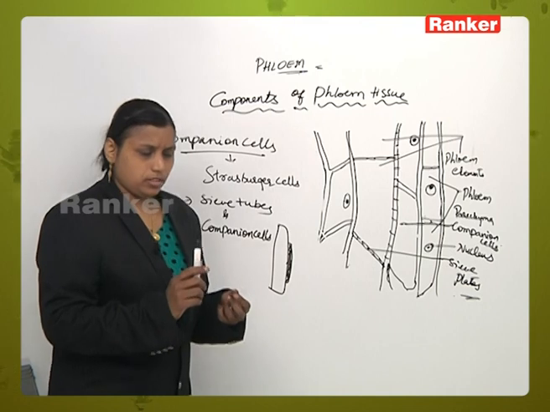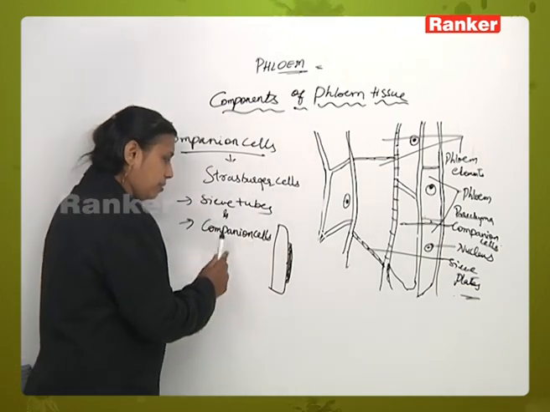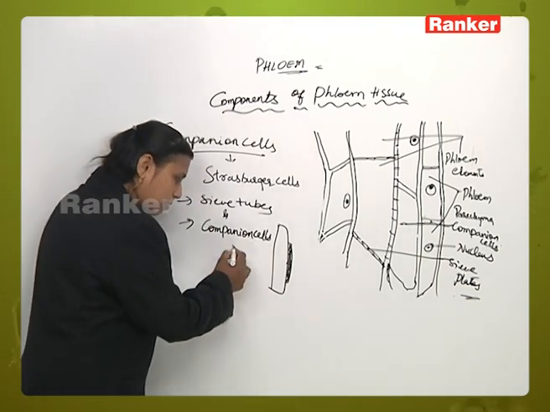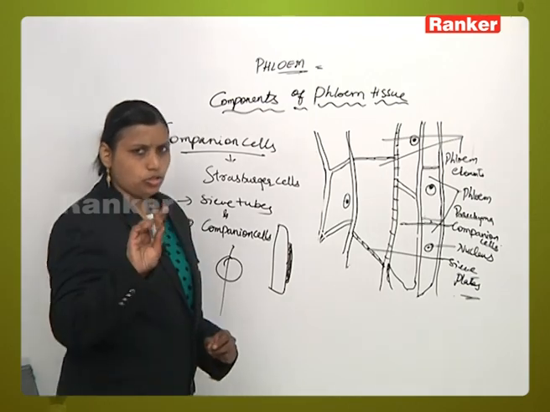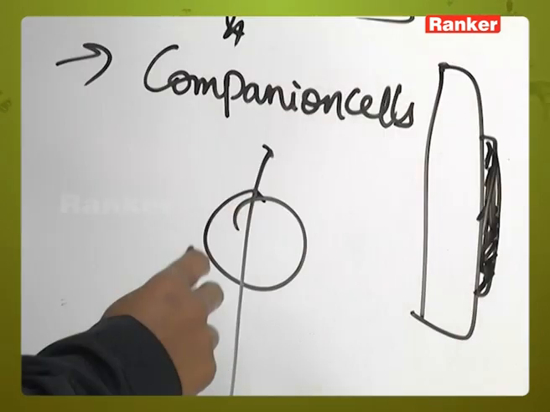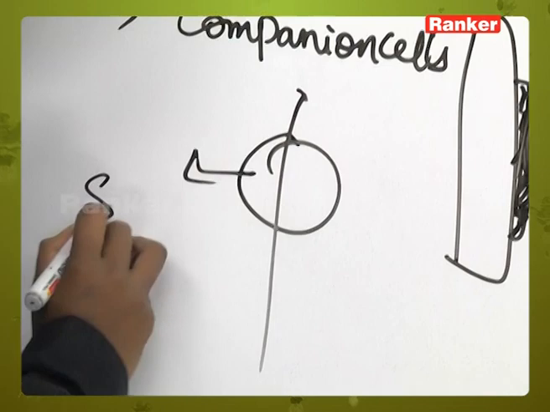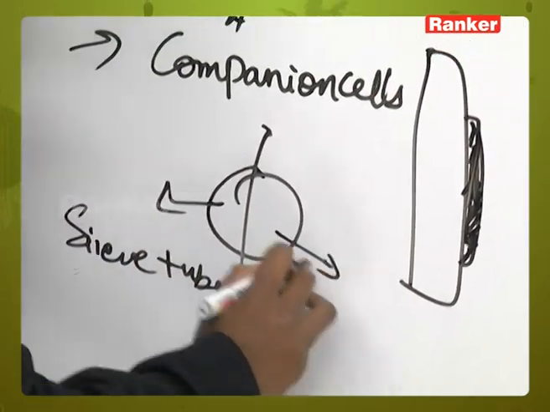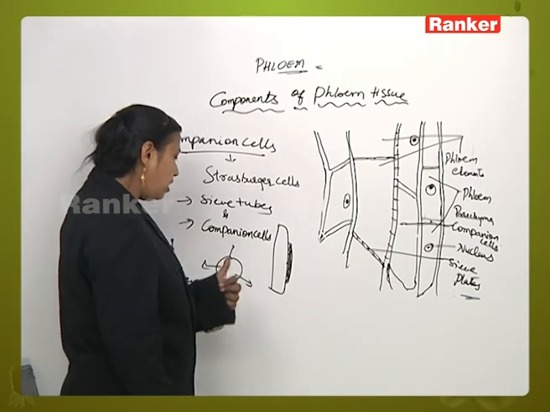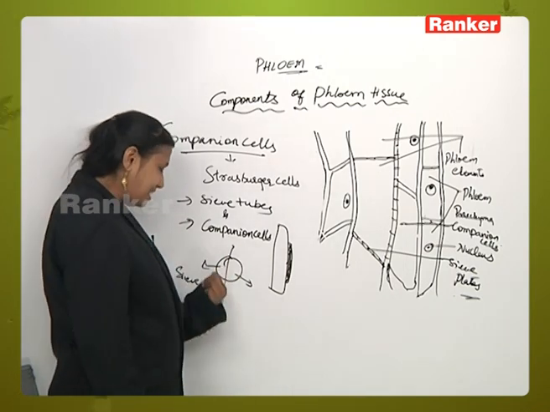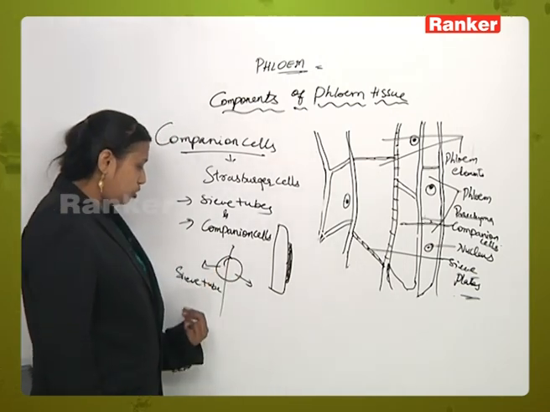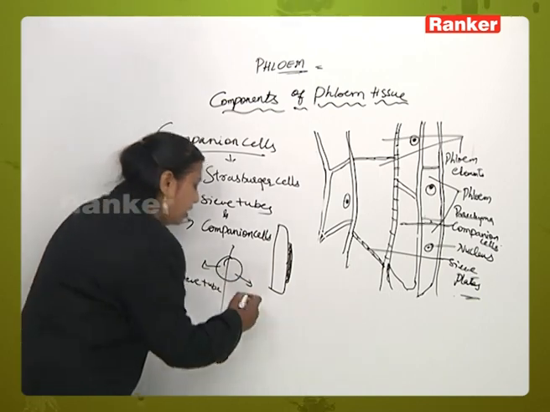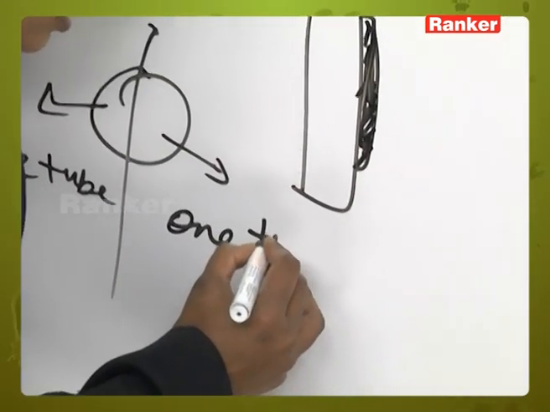Here, if the origin is from the same mother cell, the division of the mother cell will give rise to two types of cells. The first cell will give rise to sieve tubes, and the second cell may give rise to one or two companion cells.